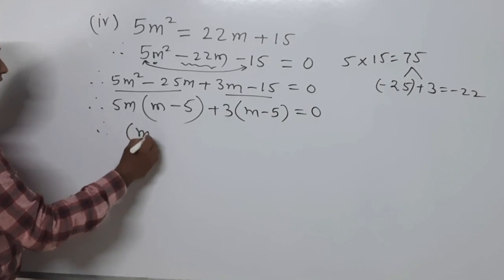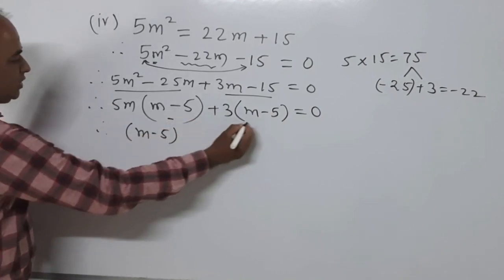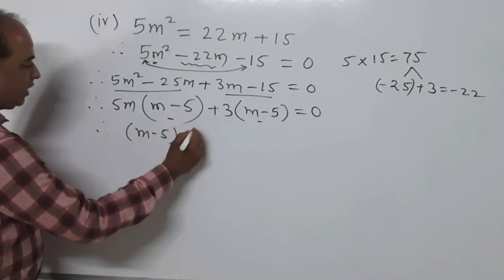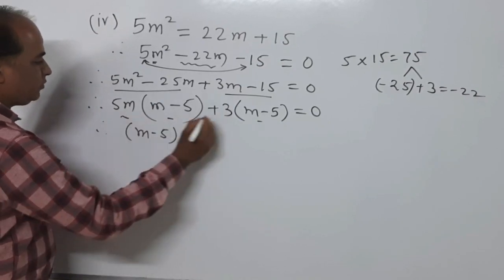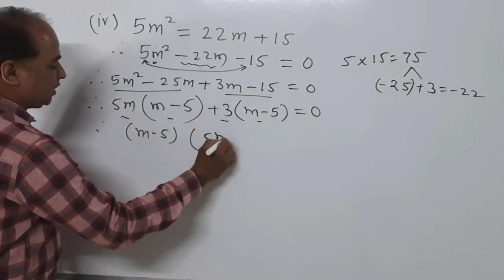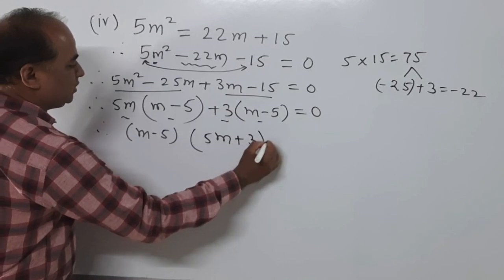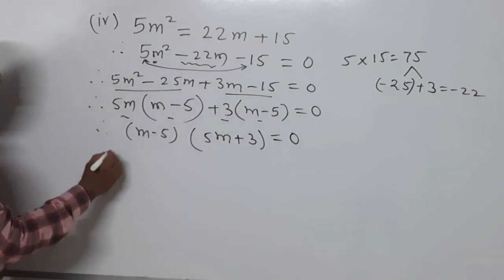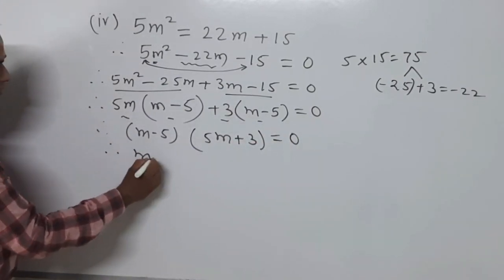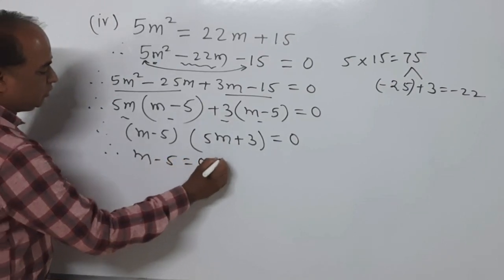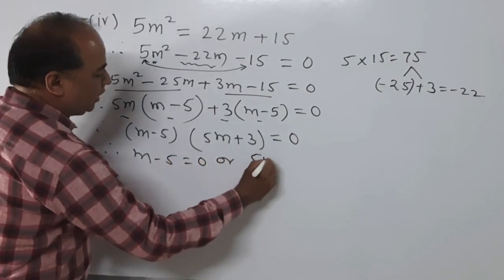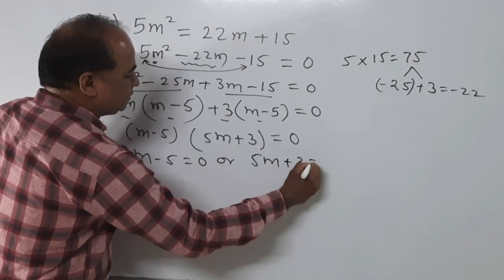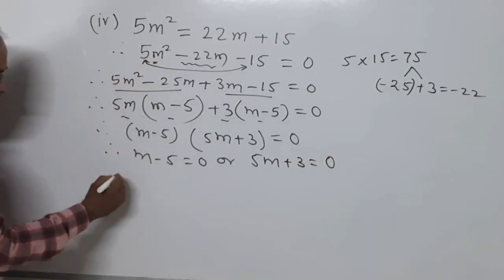Therefore, the first bracket is m minus 5 and the second bracket is 5m plus 3, is equal to 0. Therefore, m minus 5 is equal to 0 or 5m plus 3 is equal to 0.